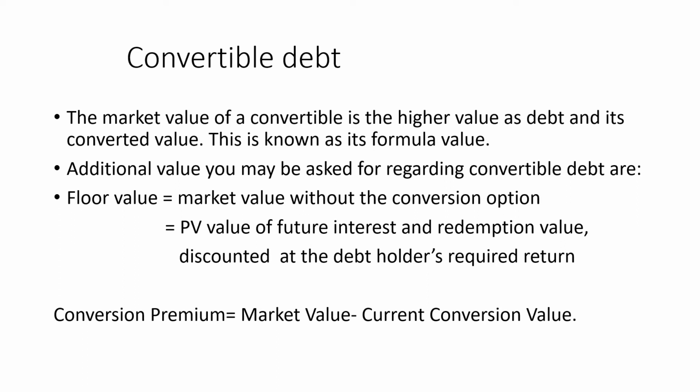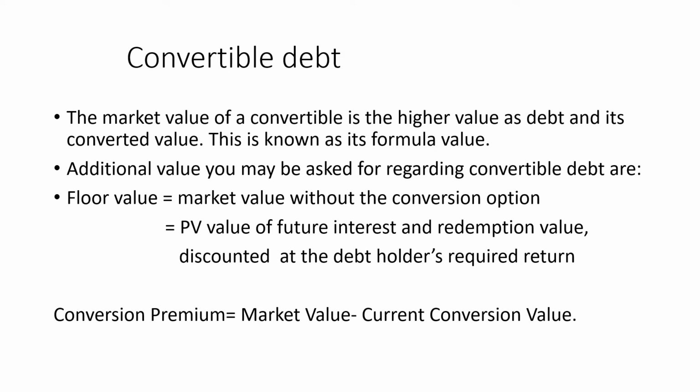In that case, we have to consider different options. First of all, we have to consider the floor value, which is the market value without the conversion option. That means we take the present value of future interest and redemption value, like we have done in the previous questions.